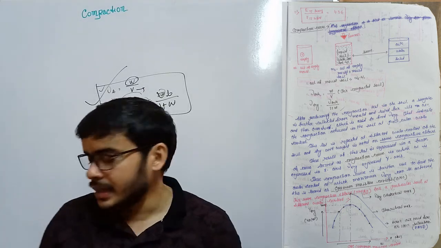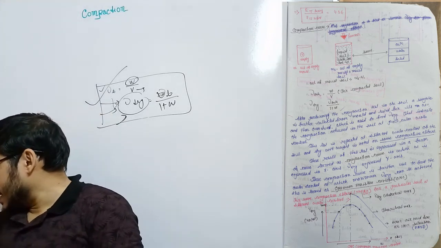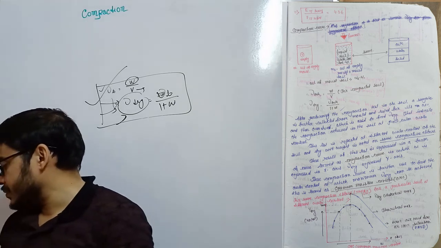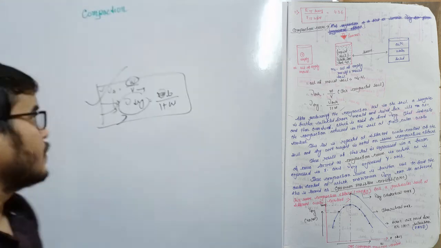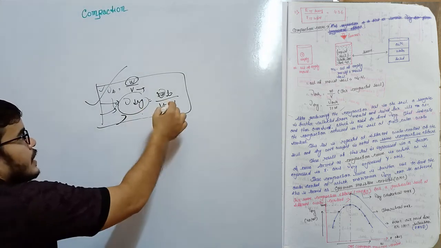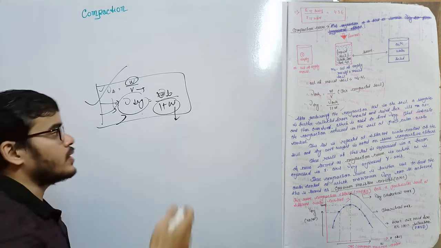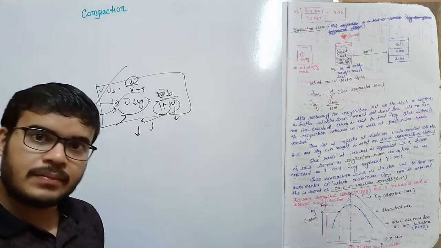We have to get the value of dry unit weight. Then this test is repeated at different water contents of the soil, and the dry unit weight is noted for the same compactive effort. When you collect the sample and get its water content, on the next day you increase its water content and again give compaction by the hammer.